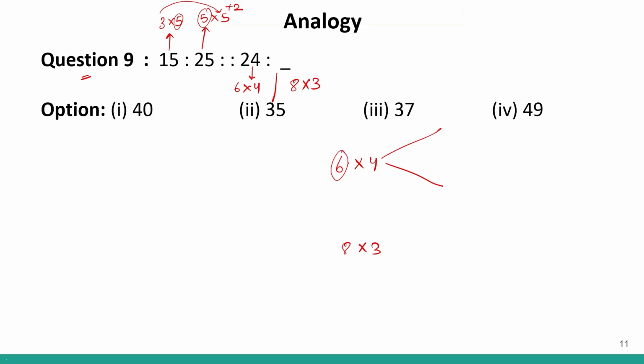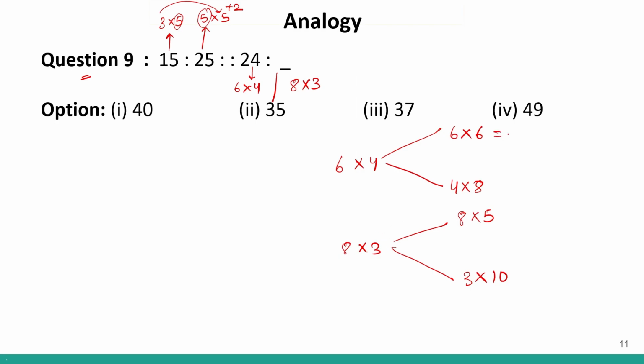If we are taking 6 common, it will be 6 into 6 because we will add 2 over here. If we take 4 common, it will be 4 into 8. Similarly, over here also 2 possibilities arise. If we take 8 common, it will be 8 into 5. And if we take 3 common, it will be 3 into 10. Correct? Because we are adding 2.